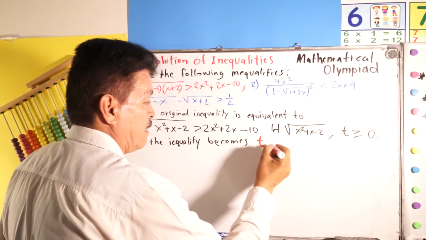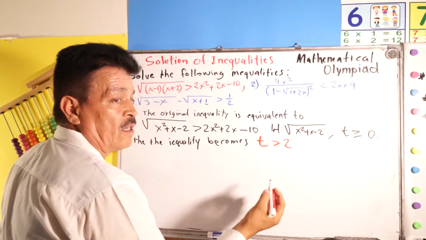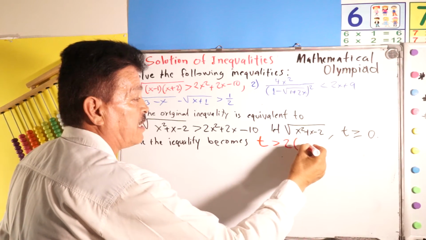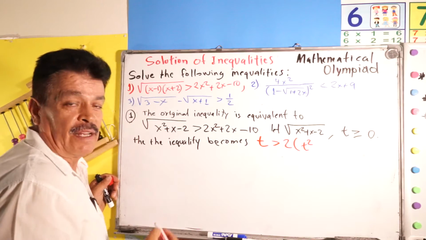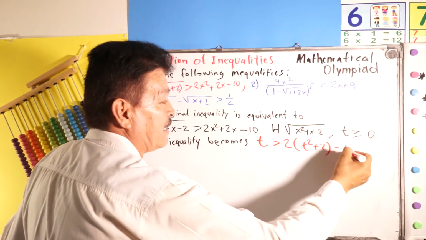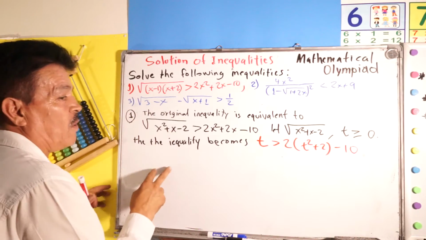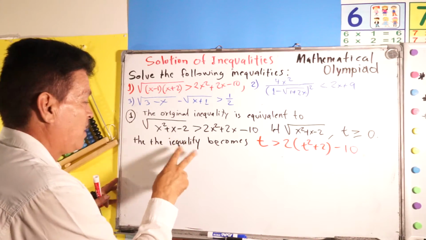t greater than 2t squared plus 2t minus 10. Look at it.